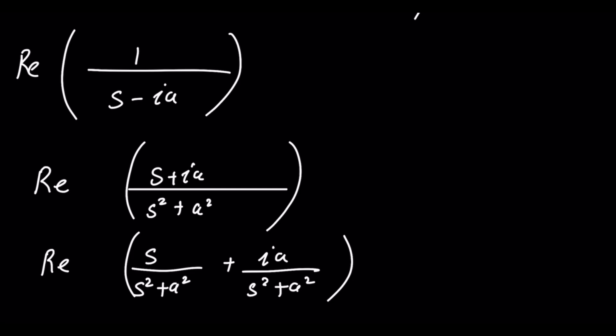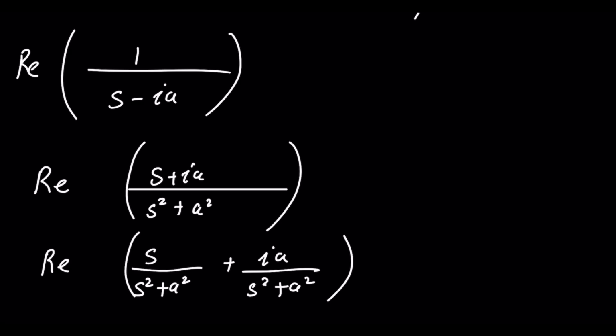Since we are interested in the real part of the result, because there's a real part that has been coming along ever since we applied Euler's identity, we will be just taking this, which is s divided by s squared plus a squared.